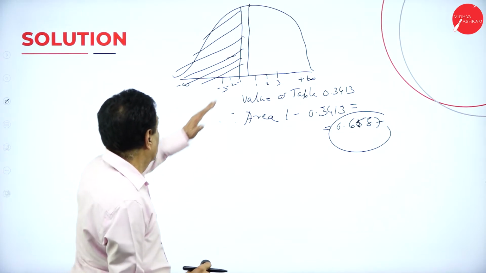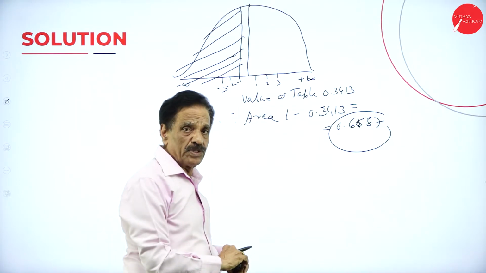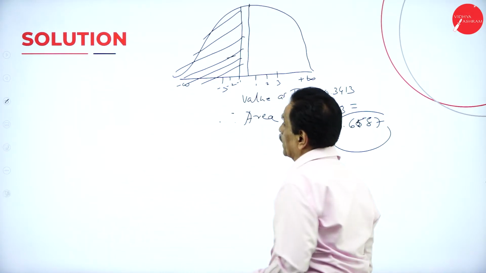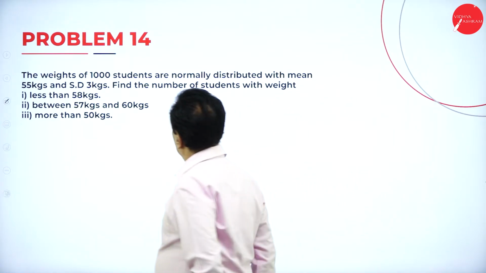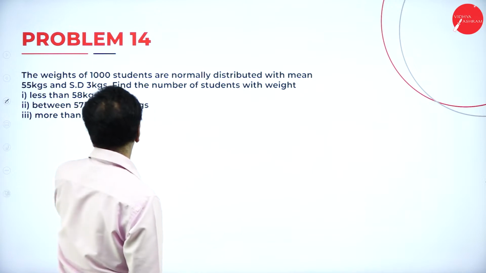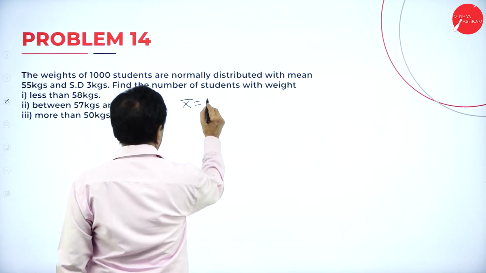So this is a way of doing it. Less than means this side, more than means that side you have to do it. Okay. We'll move on to the next problem. The weight of 1000 students are normally distributed with mean 55 kgs.